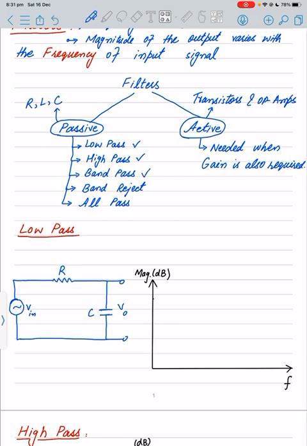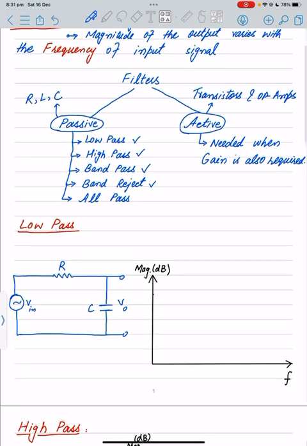Band pass means a particular band of frequencies, that is a specific range of frequencies, which our filter will let pass. In the band reject filter it will be rejecting or stopping some specific frequencies of a limited bandwidth range.